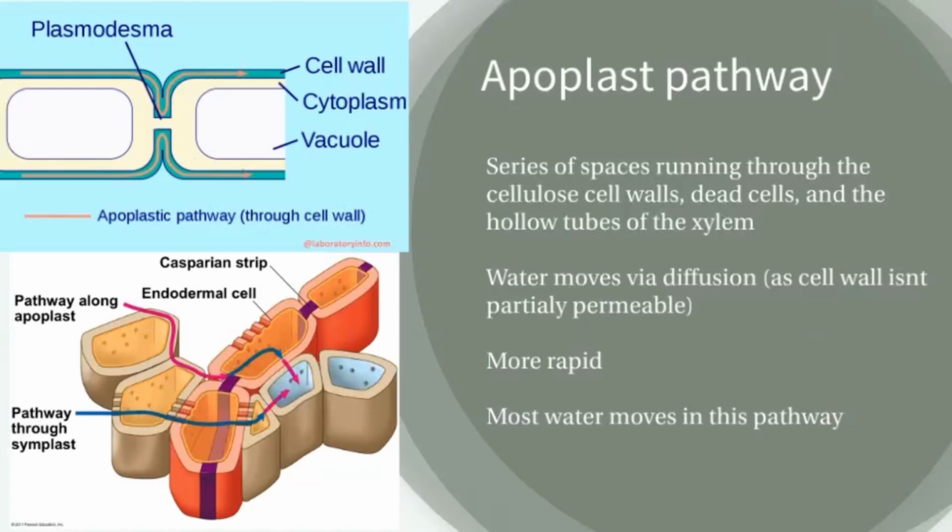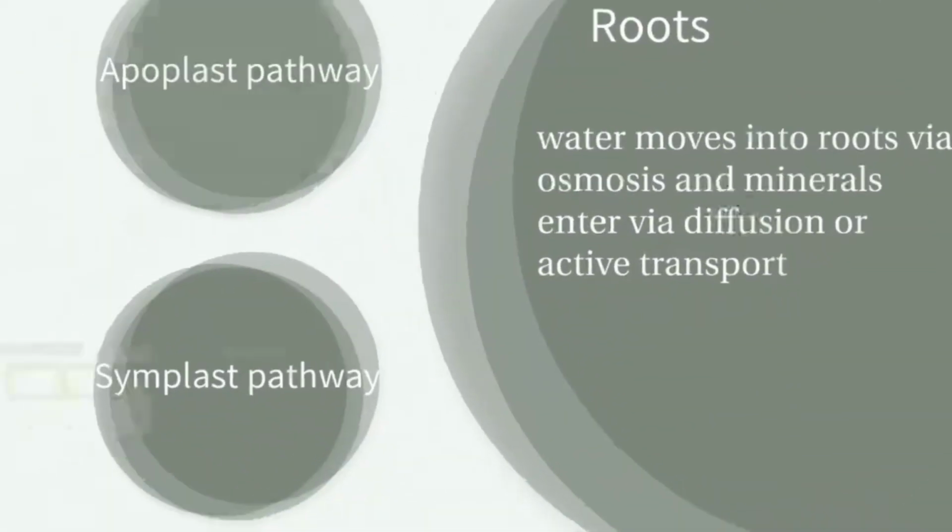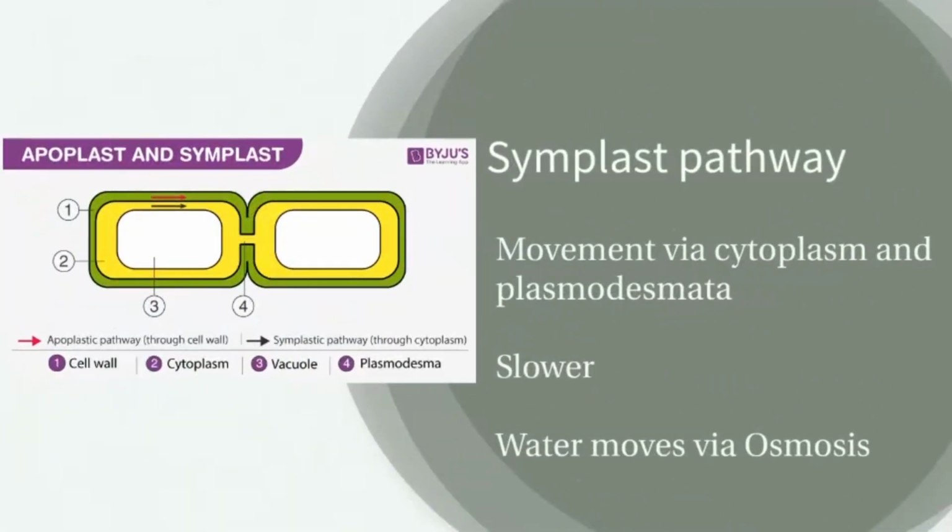As we just mentioned, there's another pathway that water can take, and this is called the symplast pathway. The symplast pathway is movement via the cytoplasm and through the plasmodesmata in the cells. If you remember, the plasmodesmata are small holes that connect neighbouring plant cells.